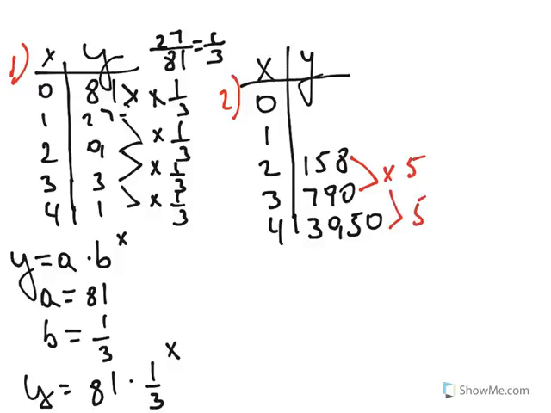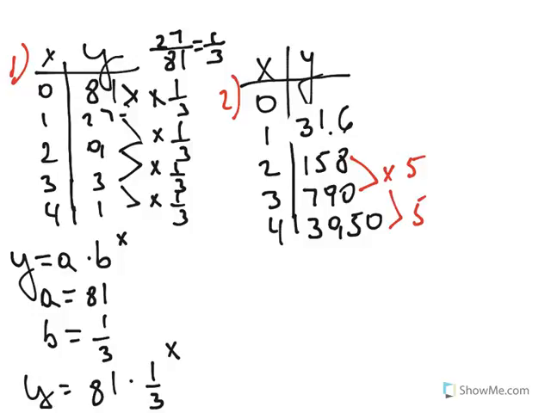Now how can I go backwards and find the value for x equals 1? Since the values are decreasing going backwards, I will take 158 and divide it by 5, since I know that the common ratio is 5. So 158 divided by 5 is 31.6.